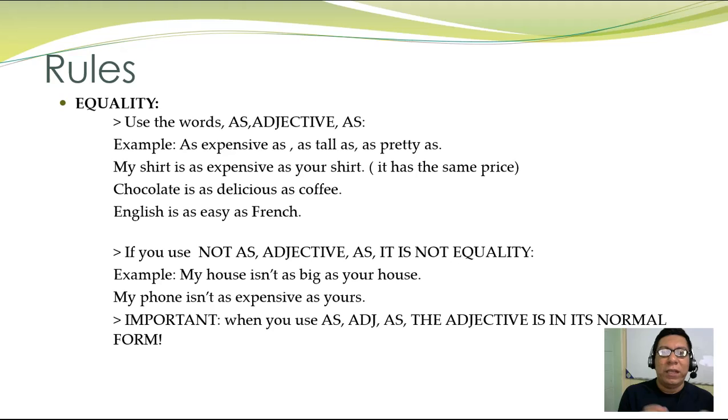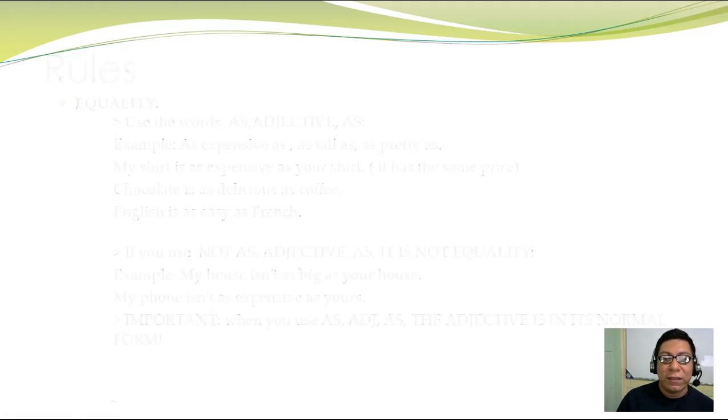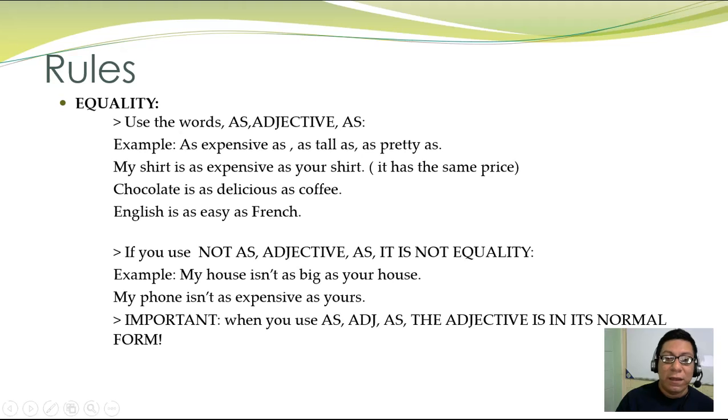So my house is as big as your house. My cell phone is as expensive as your cell phone, and that's it. When we use the negation not, that is not equality, but it's a negative form and you can use it. For example, my house isn't as big as your house. I'm saying that my house maybe is smaller than your house. That's why we are using the negative.